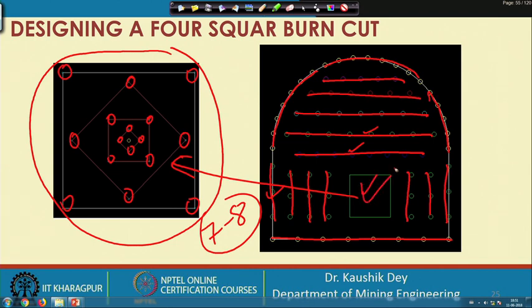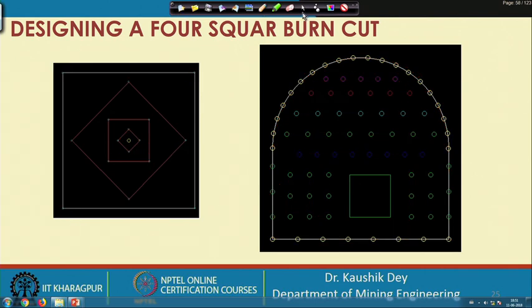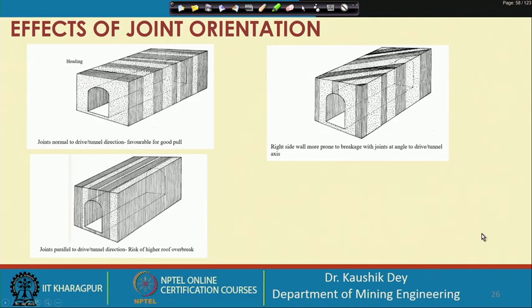But the delay sequence must be proper, so that the proper expansion of the opening will be followed. That is essentially required in underground blasting, and this is the main requirement of underground blast designing. Delay sequence is very important.